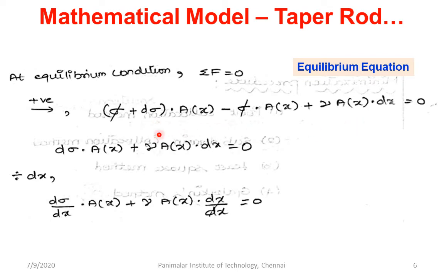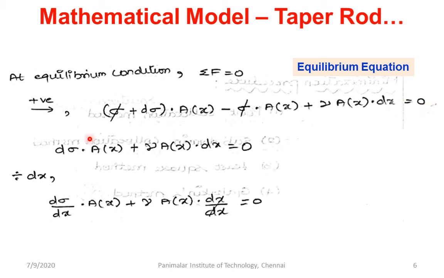The force acting from left to right is considered as positive. So sigma plus d sigma multiplied by A of x, which is coming out of the body, is considered as positive, and the force coming into the body, sigma into A of x, is considered as negative. Then the self weight, gamma A of x dx, is also positive. Now the summation of these forces equals 0.